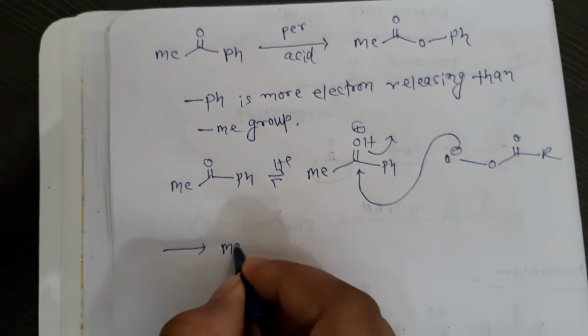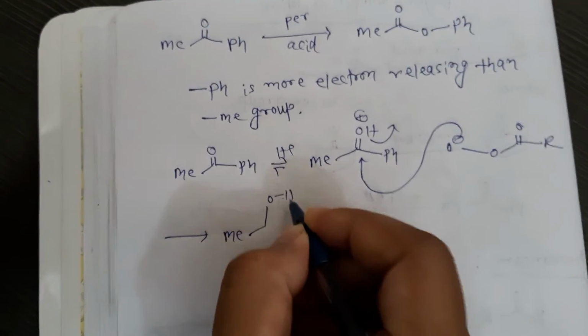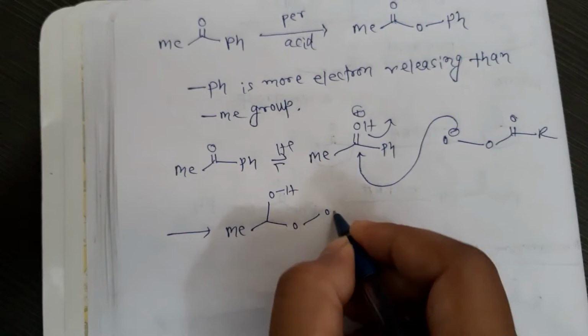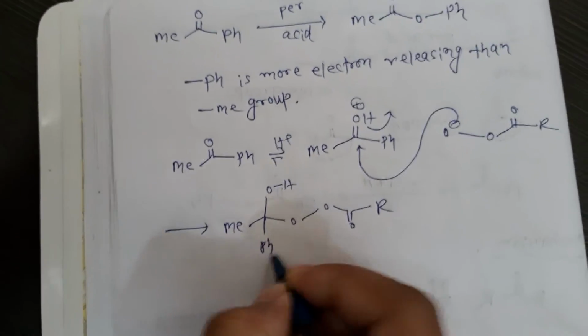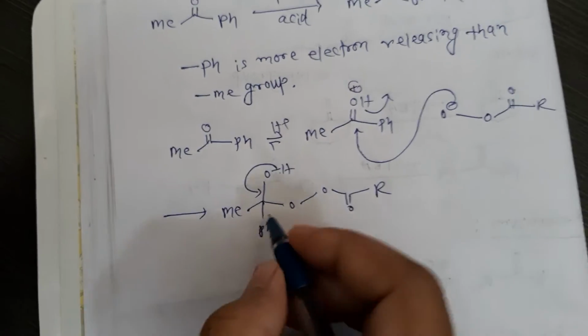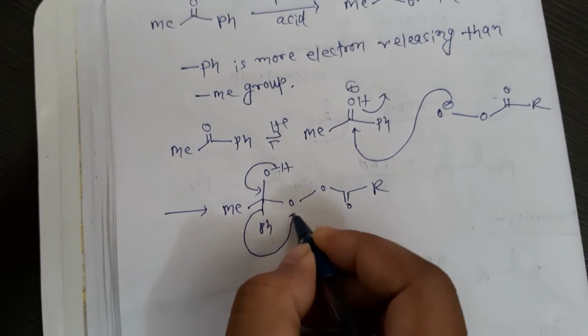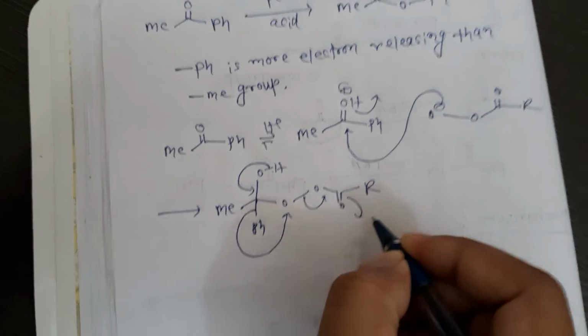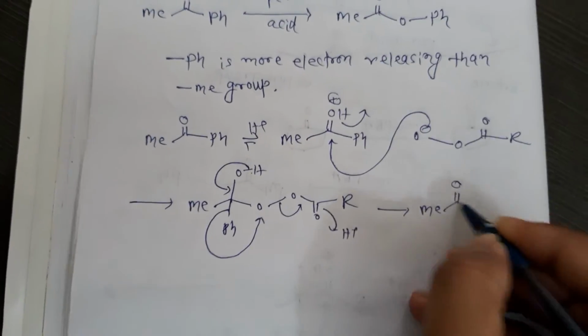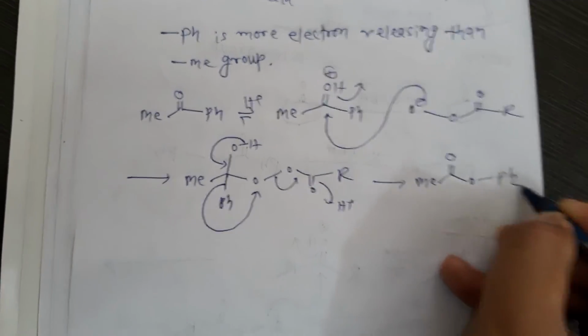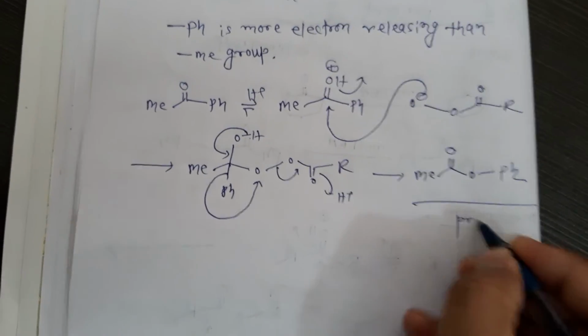So the Ph group is there, this one comes here, and the Ph group will migrate to that oxygen atom, and with H plus forms Me-C(=O)-OPh. This is the product.